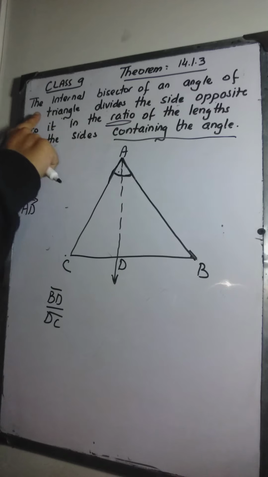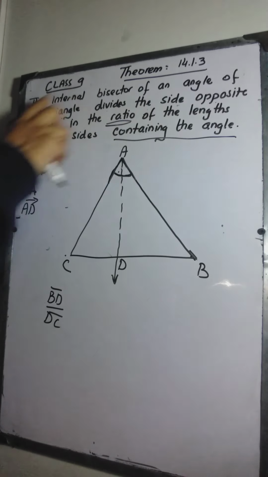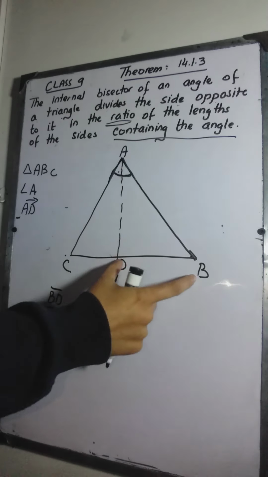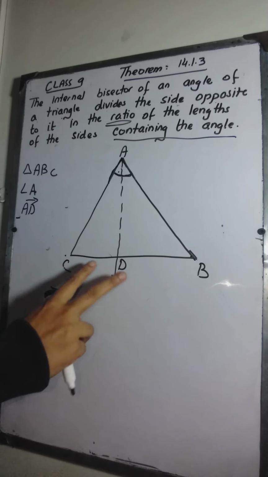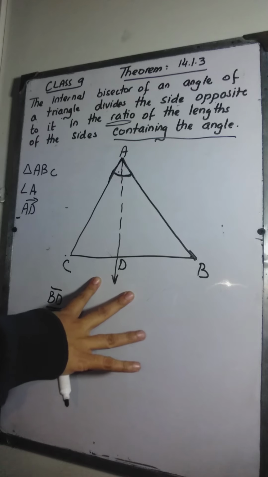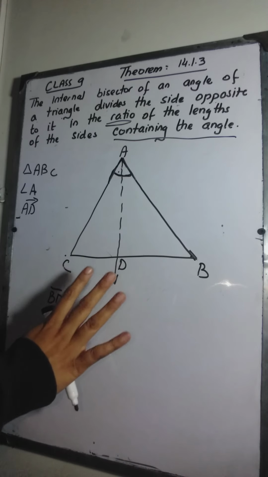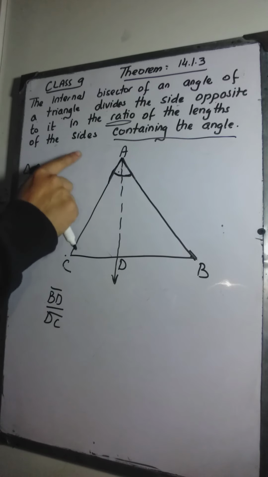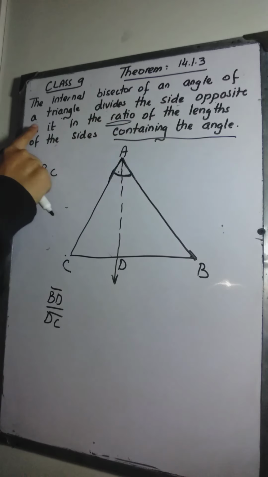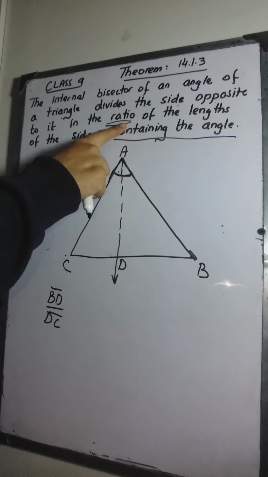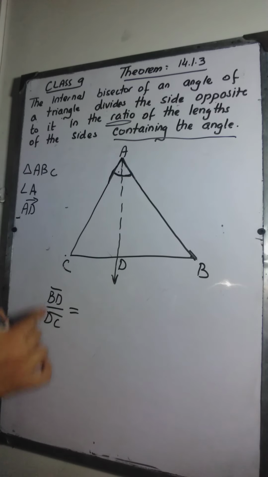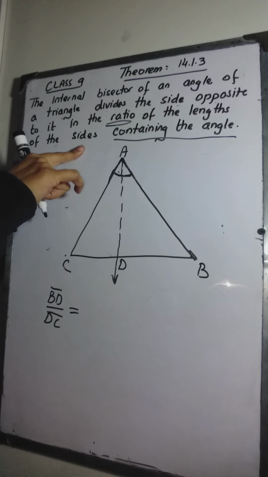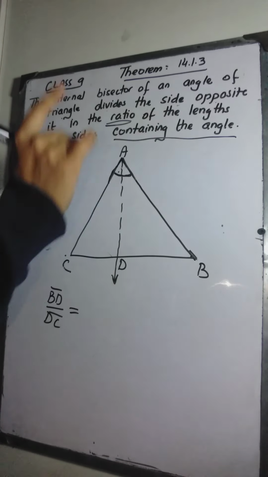So what they are saying is that the internal bisector of an angle of a triangle divides the side opposite to it into two segments. These segments may or may not be equal. We know nothing about their equality, but we know that there definitely will be two segments, and it will divide the side opposite to it in the ratio, meaning that this ratio will be the same as the ratio of the lengths of the sides containing the angle.